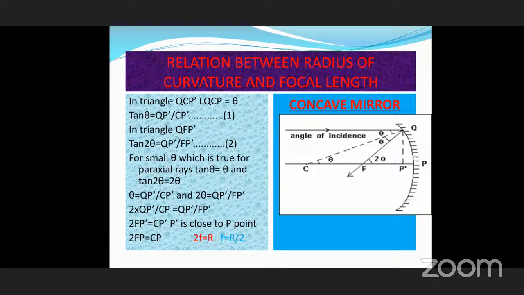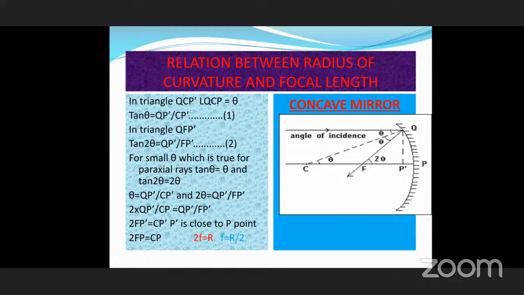And we have learned about focal length and radius of curvature of a mirror. After that, we have seen how to show focus in the case of a concave mirror or convex mirror. Both of these we have to practice.